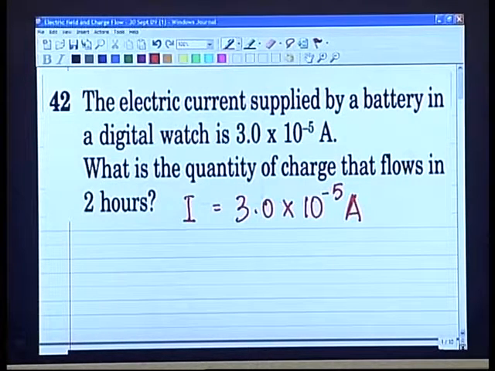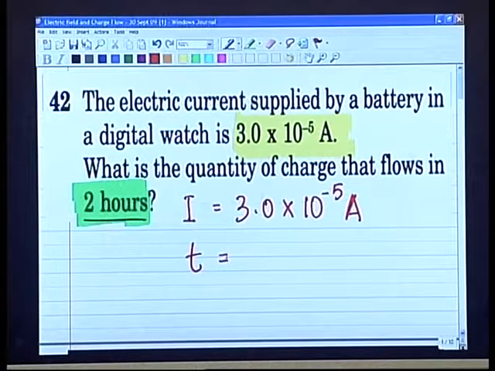The second thing that I would like to write down is the time given, which is 2 hours. The first one is the current. The second one is the time. So, small t, the time is given as 2 hours.